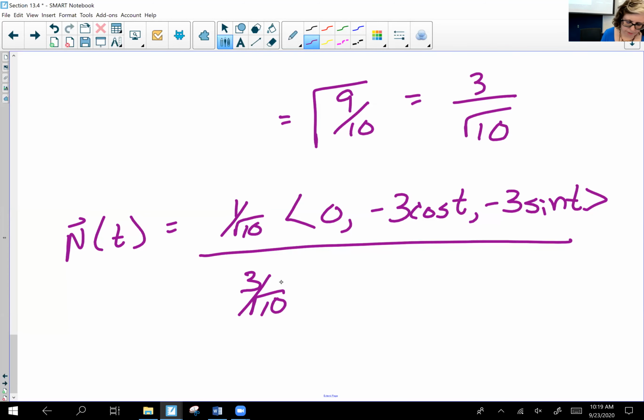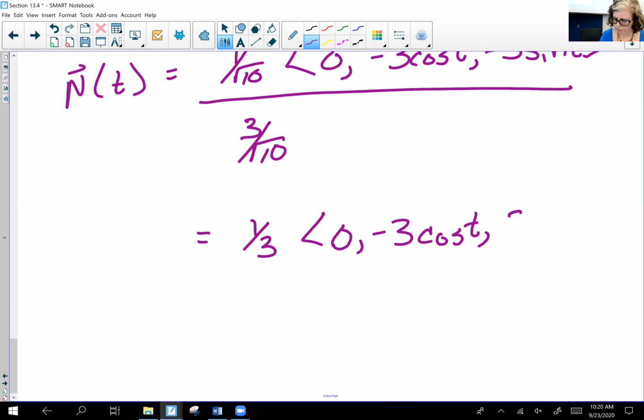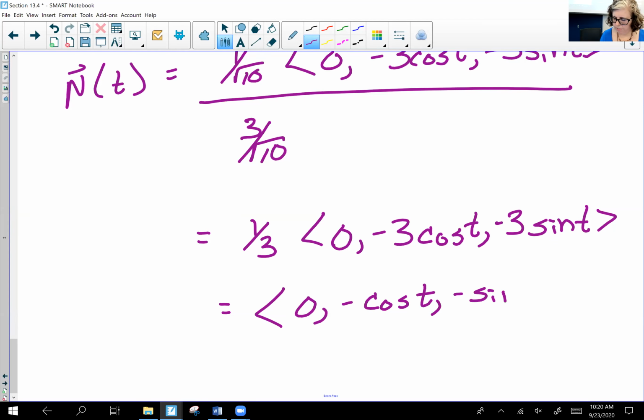So those 10s go away, and we end up with 1/3 times 0, -3 cosine t, and then 3 sine of t. If I distribute this through, we'll end up with a 0, negative cosine t. Oh, and there's a negative here, negative sine of t.